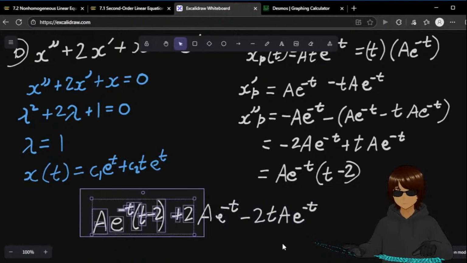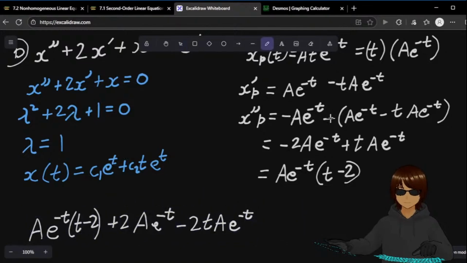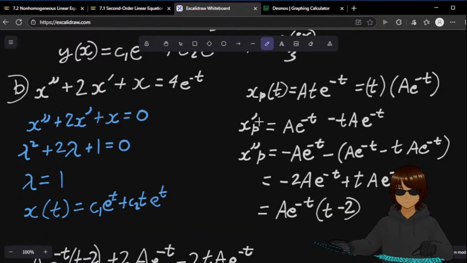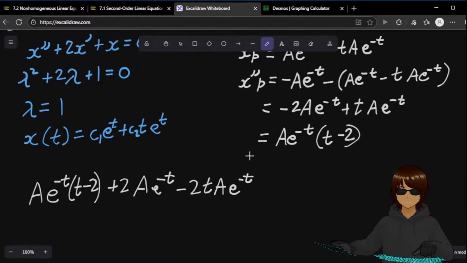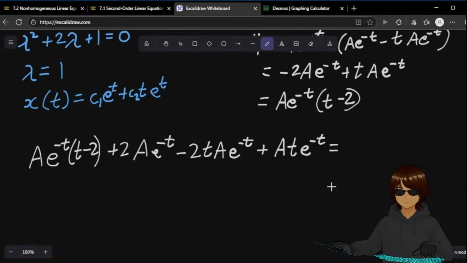Oops. Plus, plus 80, which is 4 e minus t.